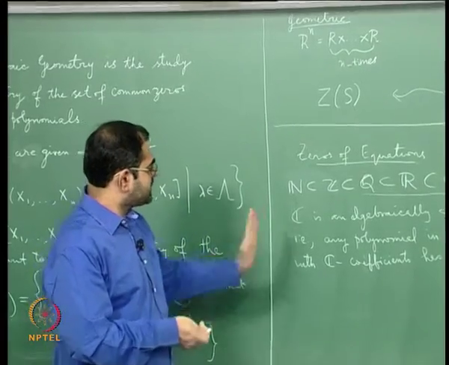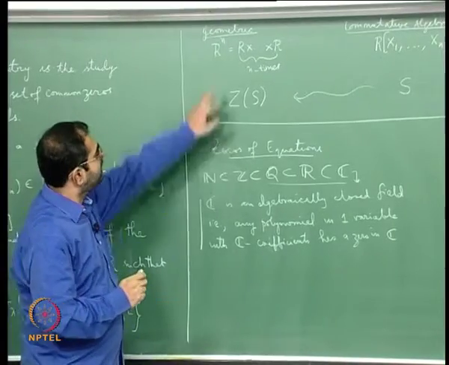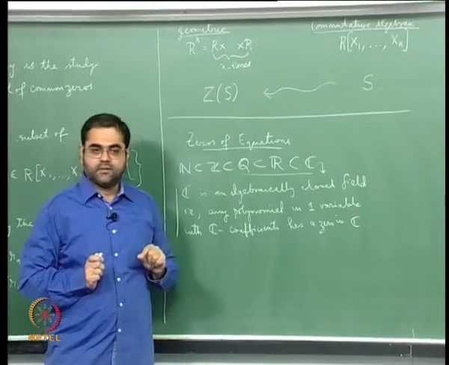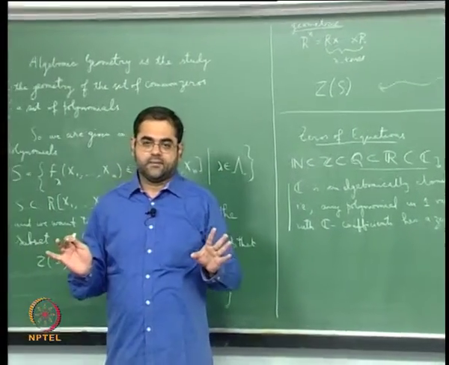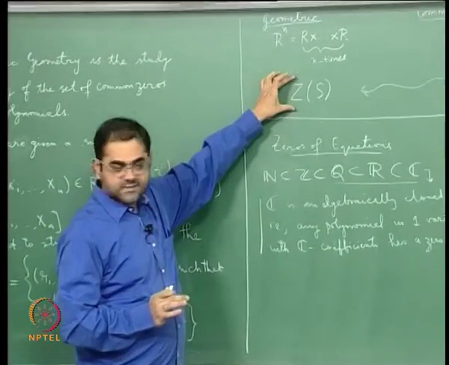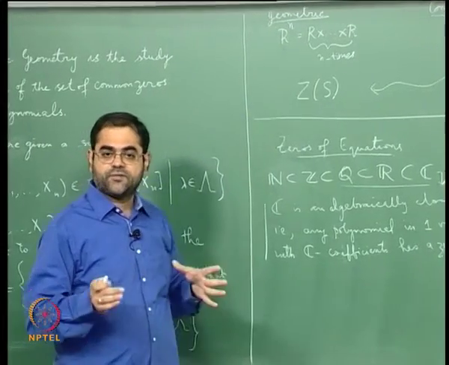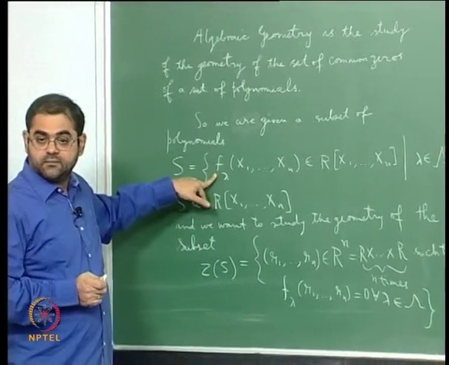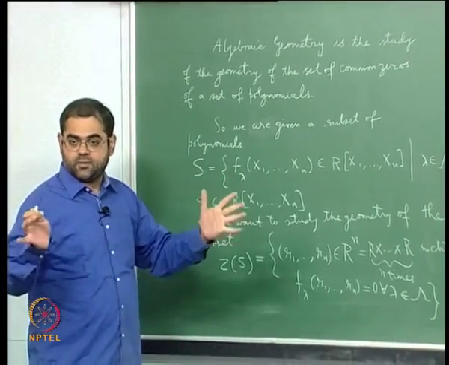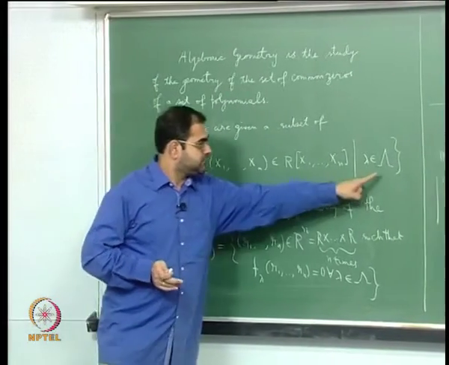So if you are working over an algebraically closed field and there is only one variable involved and you are looking at only one polynomial, then this set is non-empty. Now mind you, our original question is that we are not looking at a single polynomial, we are looking at a bunch of polynomials, and this collection need not even be finite.